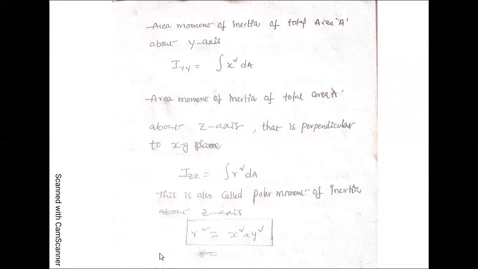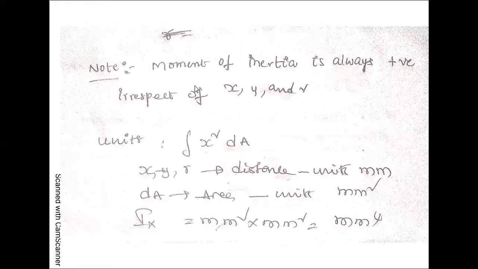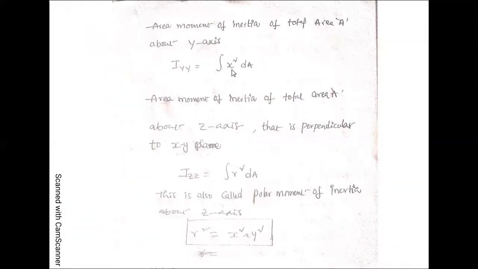Similarly, the moment of inertia of the total area about the y-axis, Iyy, is the integral of distance square into area. Here the distance is x from the y-axis, so integral x square dA is the moment of inertia about the y-axis.